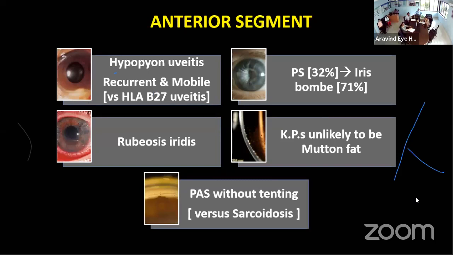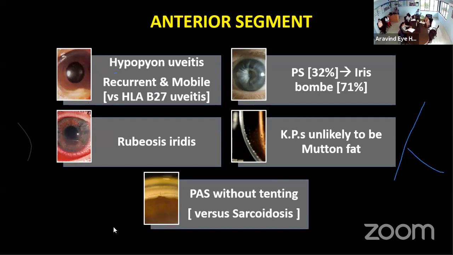The Behcets hypopyon is characteristically mobile, whereas the HLA B27 is immobile. The reason being the fibrinous content in HLA B27 is very, very dense, whereas in Behcets it is much lesser. So that's why mobile hypopyon is almost synonymous with Behcets. So we need to always delineate the characteristic of the hypopyon.